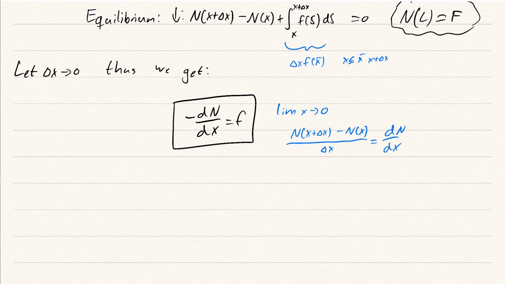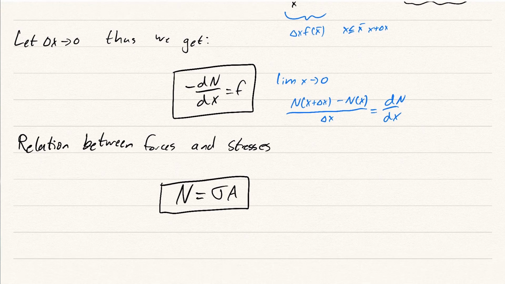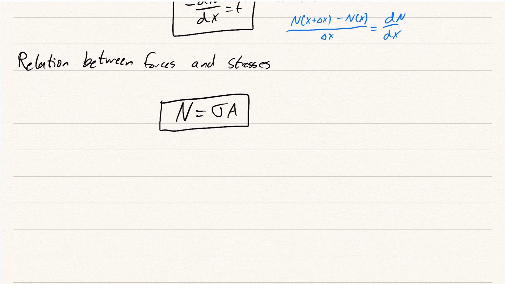Okay, then we have a relation between forces and stresses, which shouldn't be too surprising. So we have that the normal force is the normal stress times the cross-sectional area on average. Right. So that's our equilibrium rule. And then we have linear elasticity. We have a linear material.